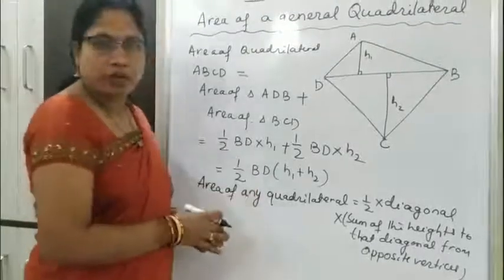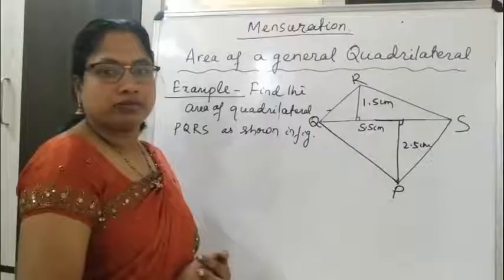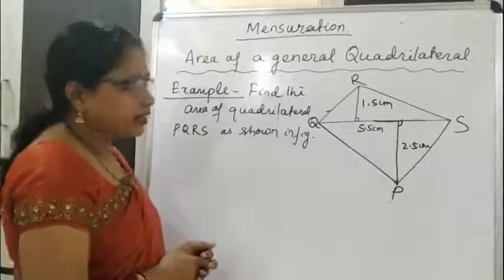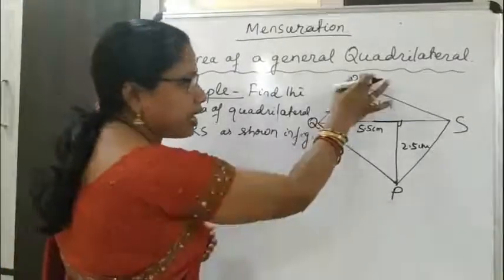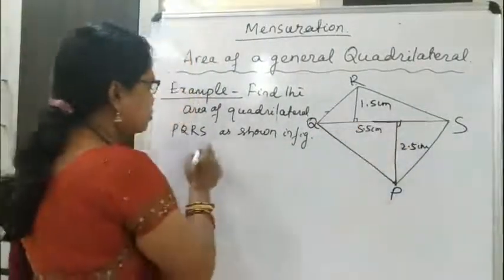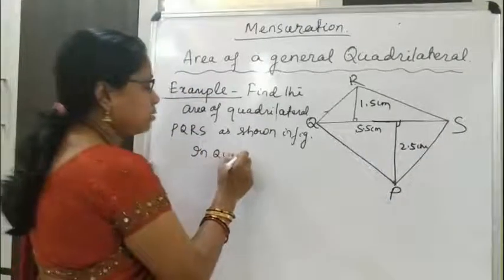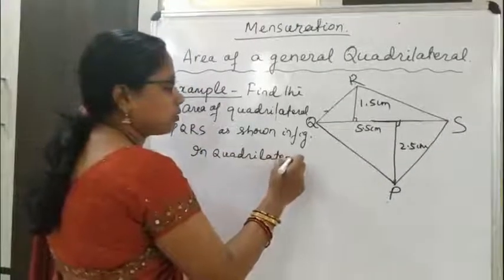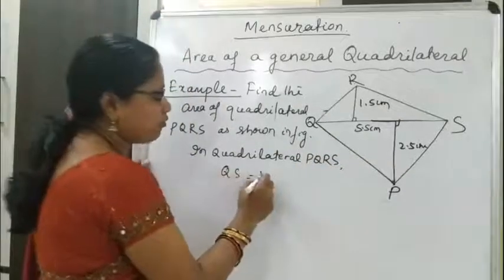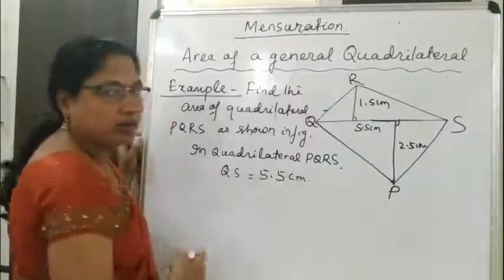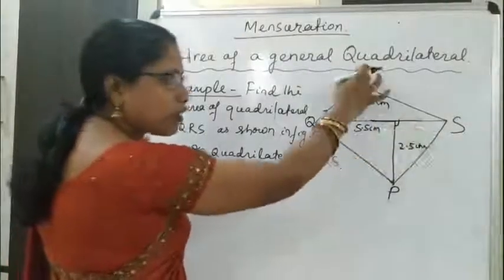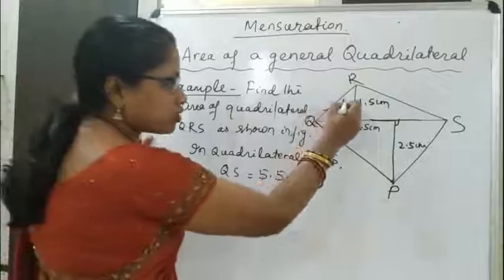So let us solve a problem by using this formula. Let us solve this question. Find the area of quadrilateral PQRS. PQRS is a quadrilateral. Here QS is given. In quadrilateral PQRS, QS is equal to 5.5 centimeter, and this is the height to QS from point R. Let this be H1.